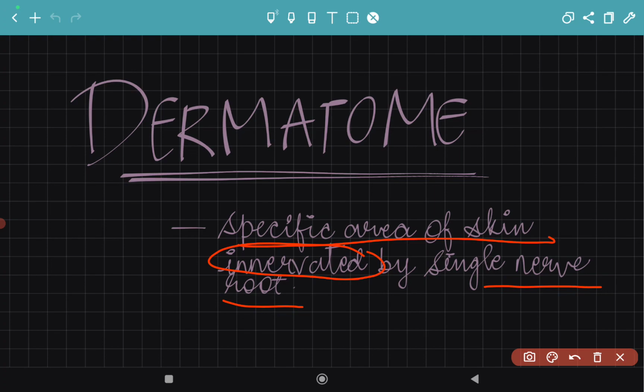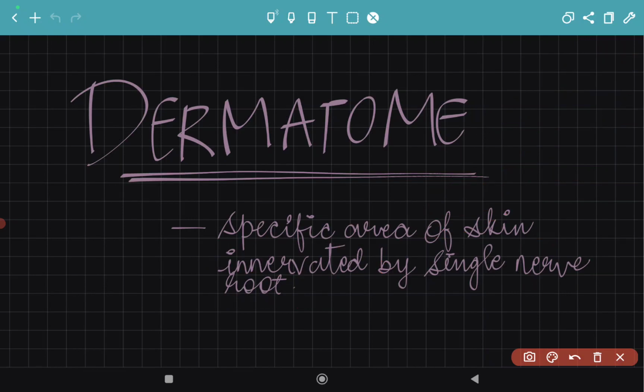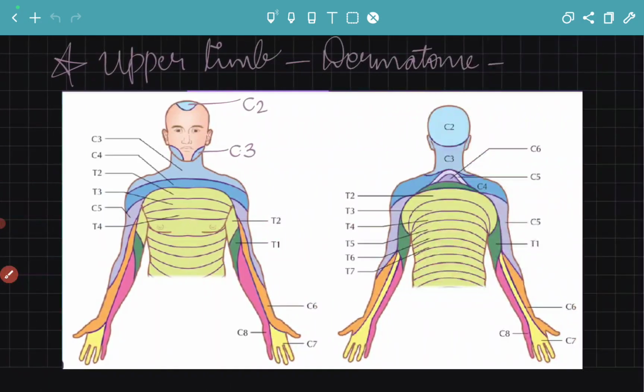A single nerve root arising from the spinal cord will supply or innervate a particular area of skin. That will be called a dermatome. We will be discussing upper limb dermatomes in this series.